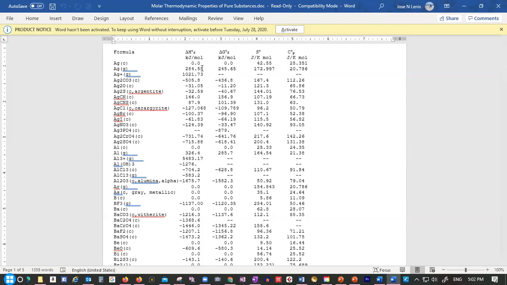If you compare that to a different table, you will find a slight difference, like 283.94, for example. But that's not a big deal. You can use either one, because the 2 numbers are very close.